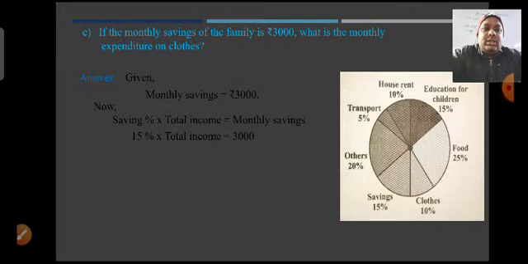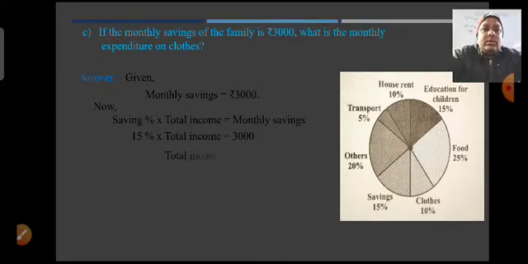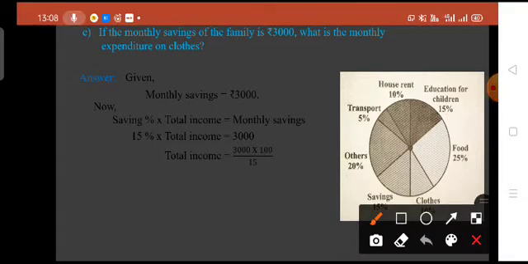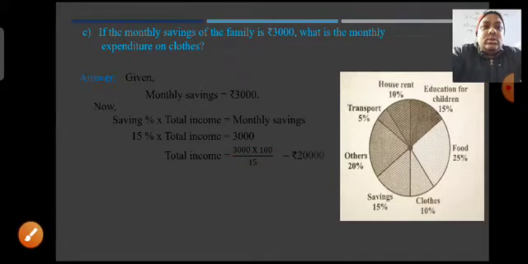Now 15% means 15 by 100, so 100 will go in the numerator and 15 in the denominator. If we cut 15 from 3000, it will be 200 times, and 200 into 100 is 20,000. So 20,000 is the total income.